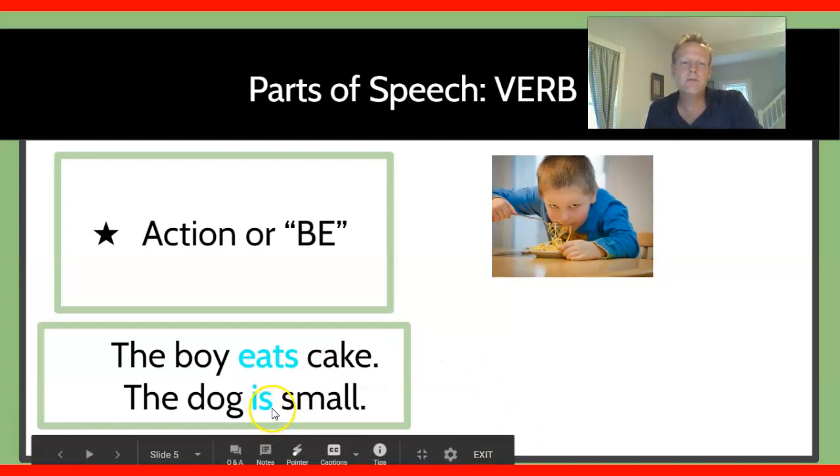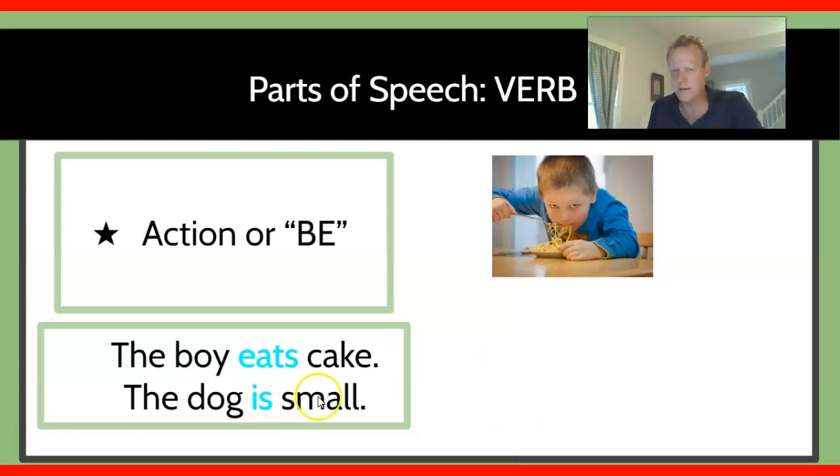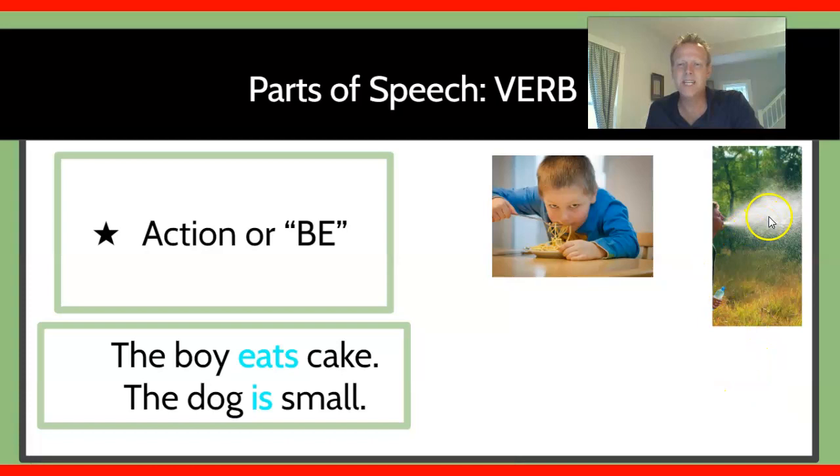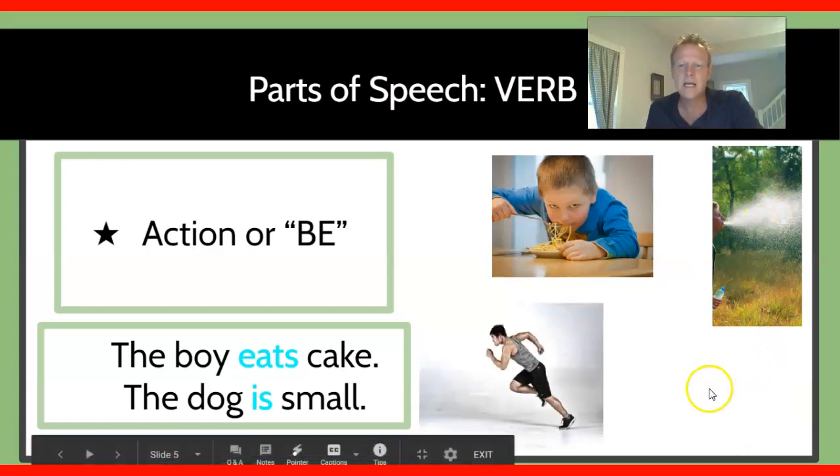The dog is small. I mentioned before the be verb is kind of like an equal sign. The dog is small. The man is spitting. He is running. Okay, run, spit, eat. These are all action verbs.